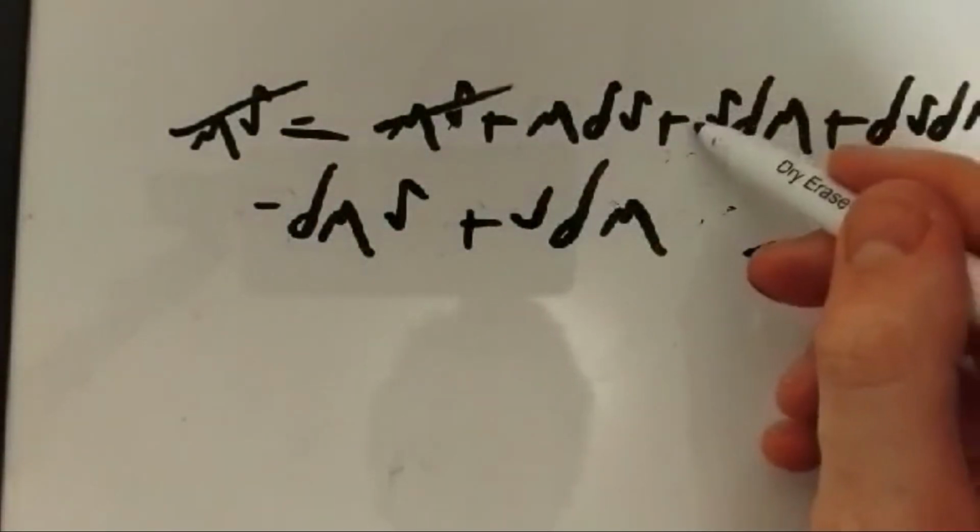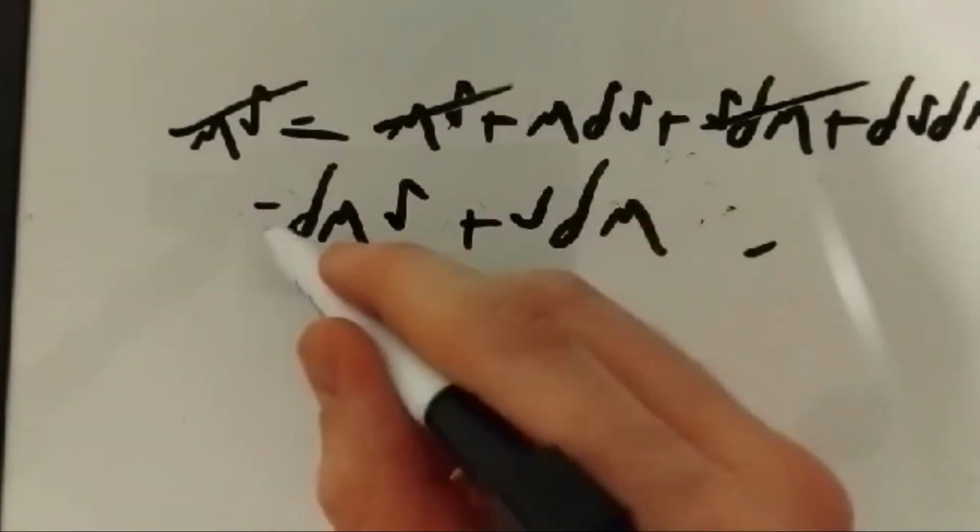And then with this, you can cancel things out. You see that cancels out. You also see that v dm is going to cancel out with that.